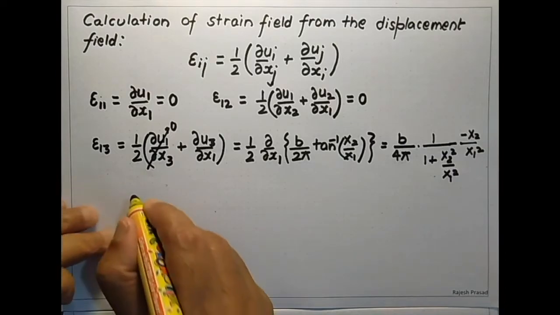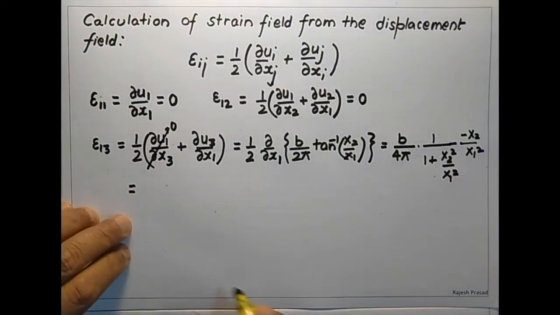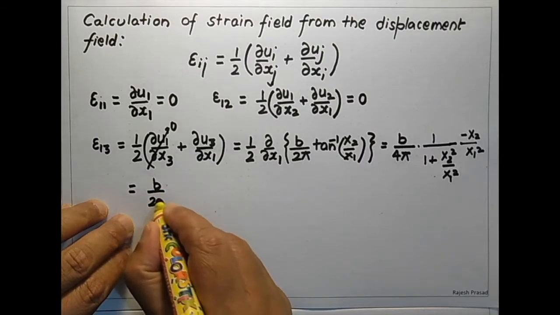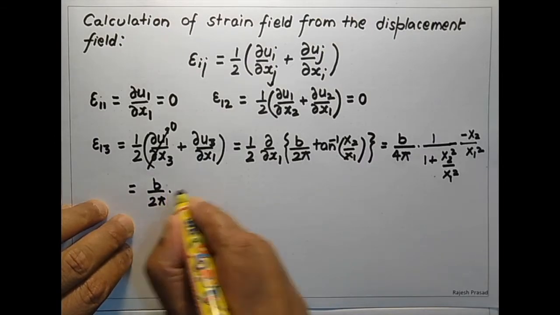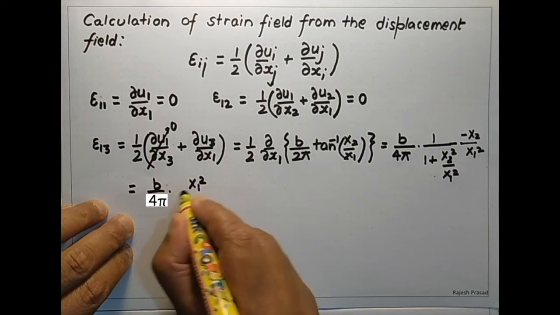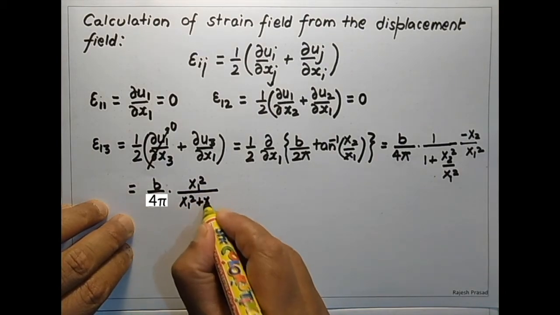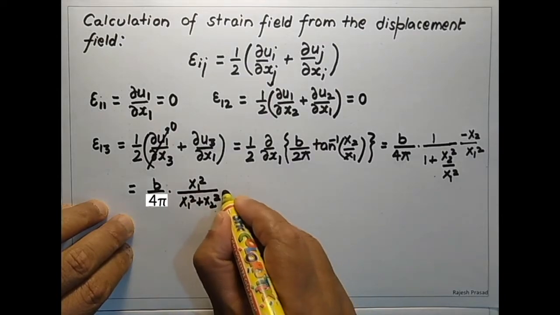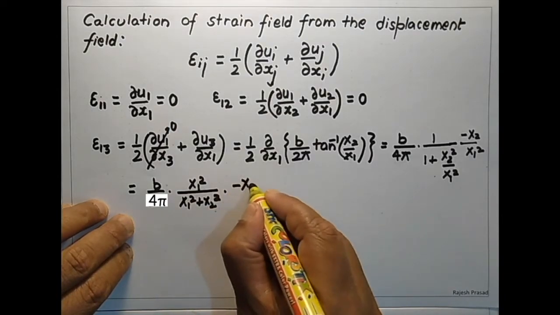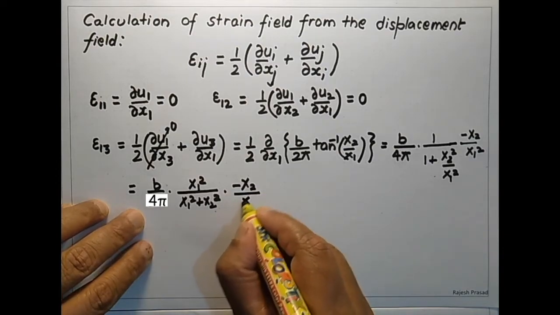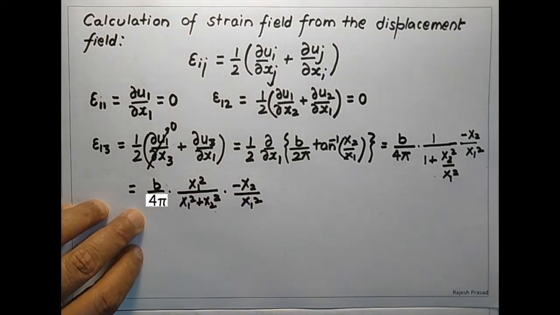If we simplify all this, we get b by 2 pi, x1 square by x1 square plus x2 square, minus x2 by x1 square.